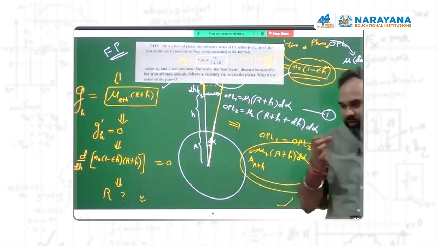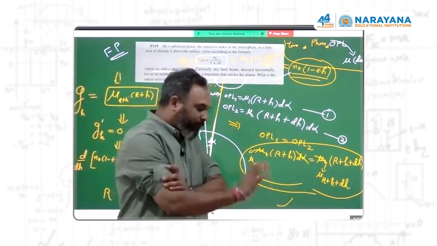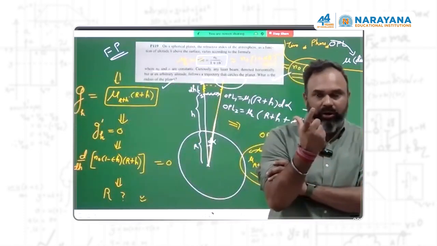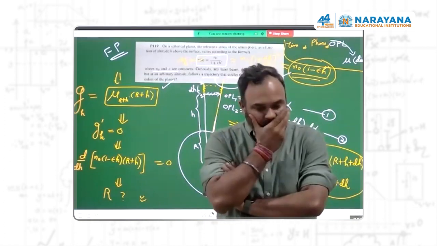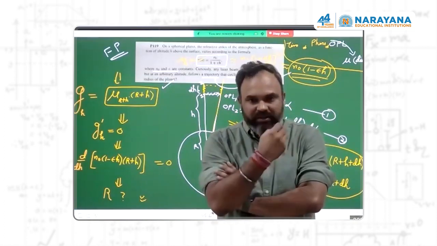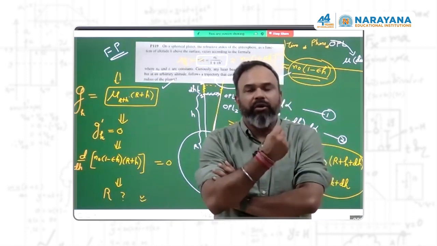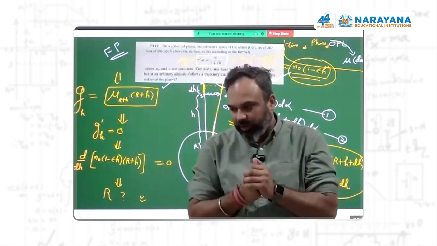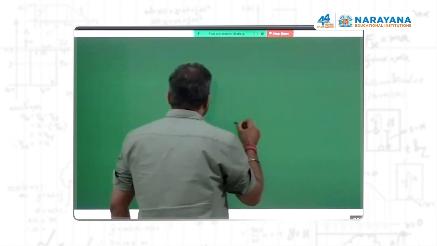Actually, the complete concept of optical path length: when a wave is traveling through a particular medium, we understand that when waves interfere, when we have to combine signals at a particular location, you look at your signal in terms of time gap.